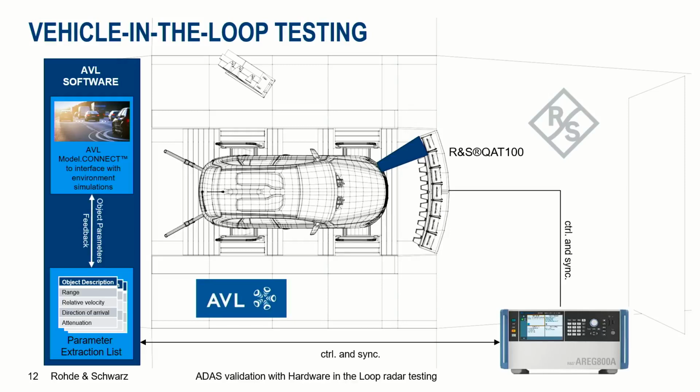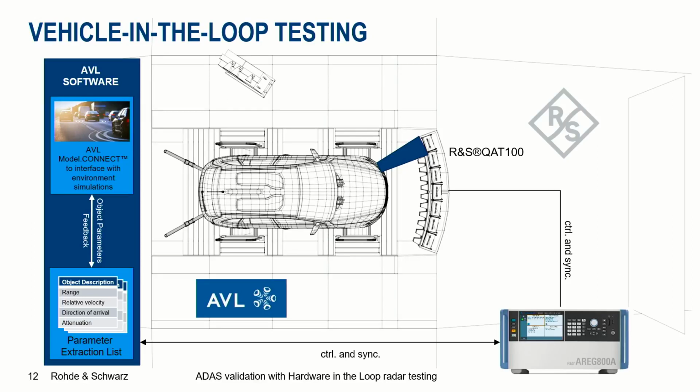On the left side, you can see the AVL software suite, which provides you an interface to the whole mechanical stimulation, so to the roller dynos, to the wheel stimulation, and which also provides you the possibility to generate a virtual driving environment. From that virtual driving environment, object parameters are extracted and put into a parameter list that exactly matches that driving environment.